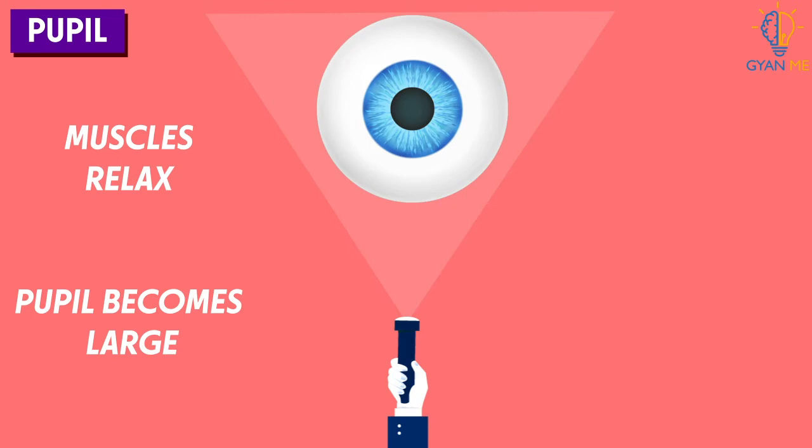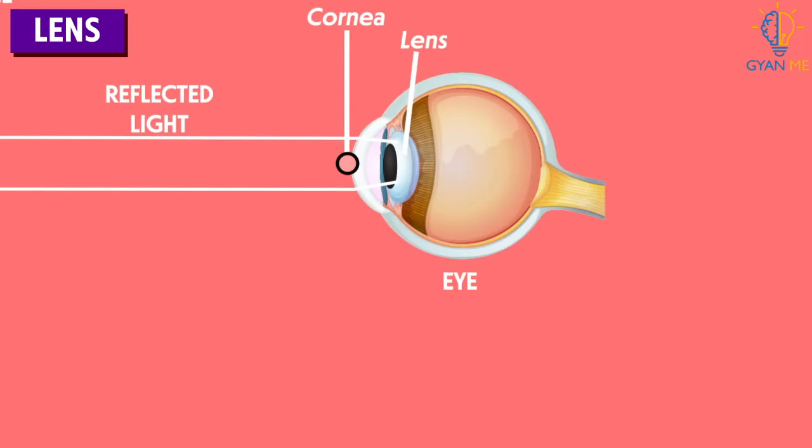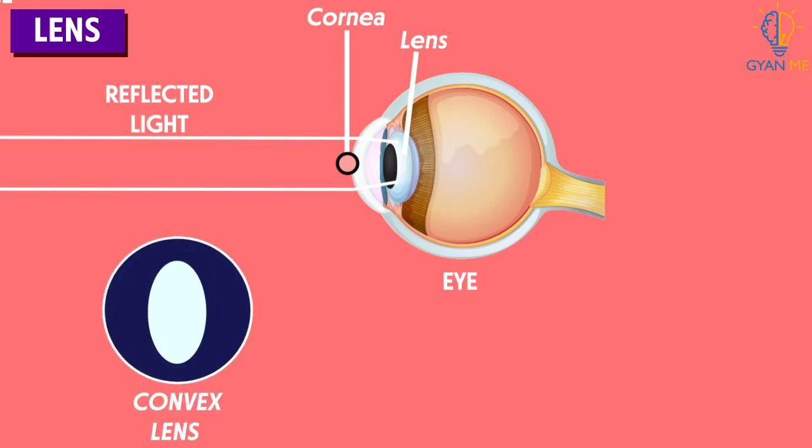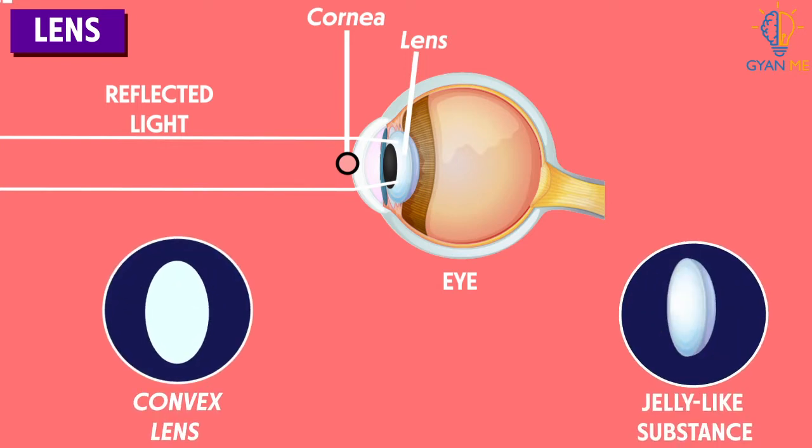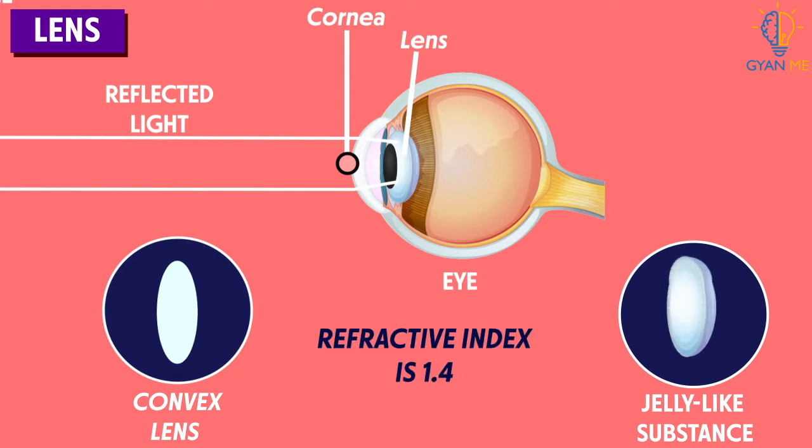The light now reaches the lens of the eye immediately behind the iris. It is a convex lens made up of transparent jelly-like substance. Its refractive index is 1.4, and what it does is refract and focus all the light on the retina and nowhere else.